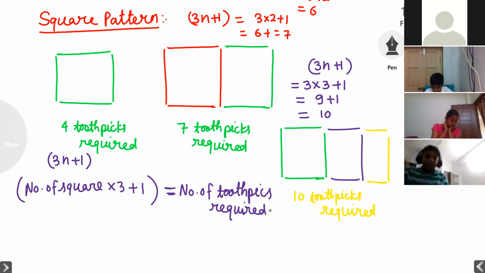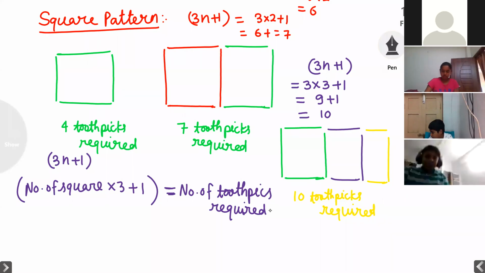Now you are observing what is the magic of algebra. Number of squares into 3 plus 1 equals number of toothpicks required.